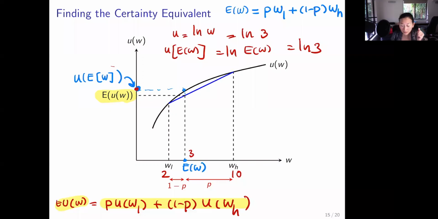That means she would prefer this to that, because this one is higher. So she would prefer the sure thing over the uncertain option.